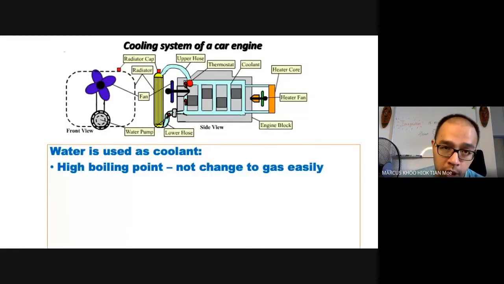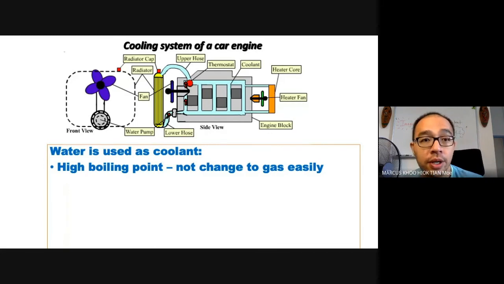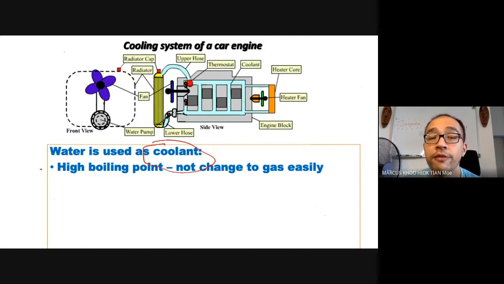Okay, next one, cooling system of a car engine. This is a picture of a car engine, and as I said just now, we use water as the cooling system. We use coolant. There is a specific kind of liquid for coolant, but generally if you use water, it's good enough for a few reasons. Number one, it has a high boiling point, so it does not change to gas easily.